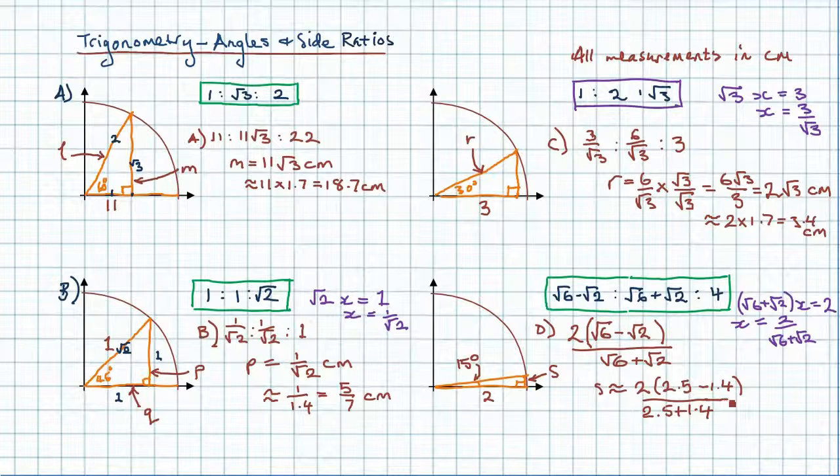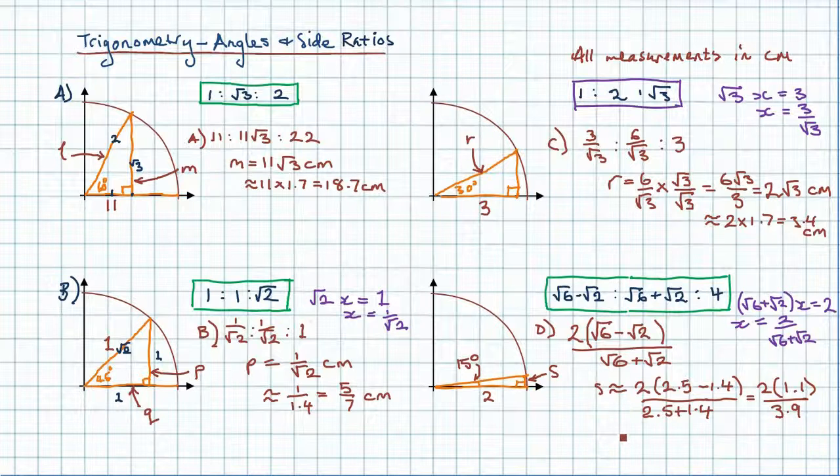Okay, so I hope that's clear. That's pretty easy to work out. We've got 2 times whatever's in brackets here. 2.5 minus 1.4 is 1.1. And 2.5 plus 1.4, as we said before, is 3.9.